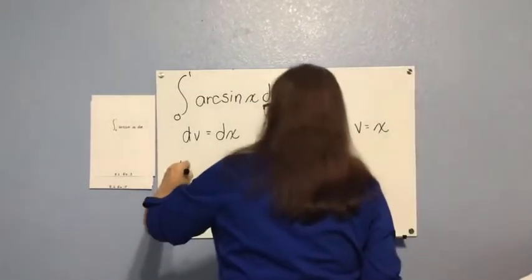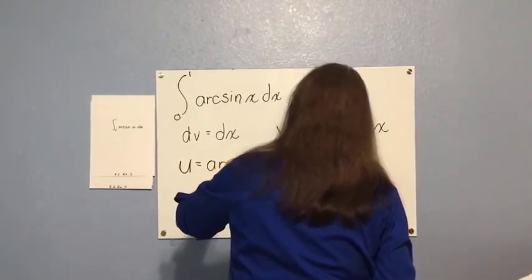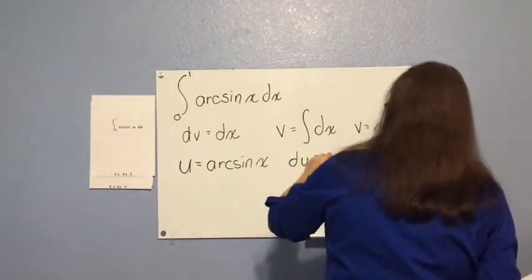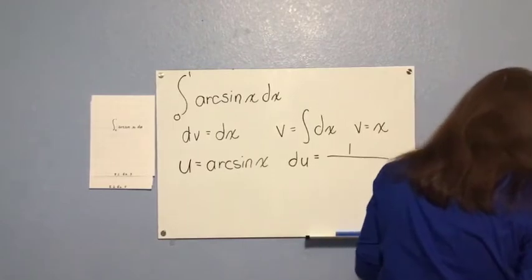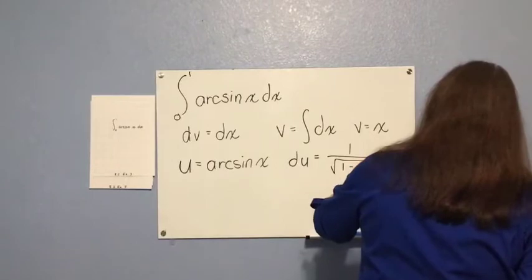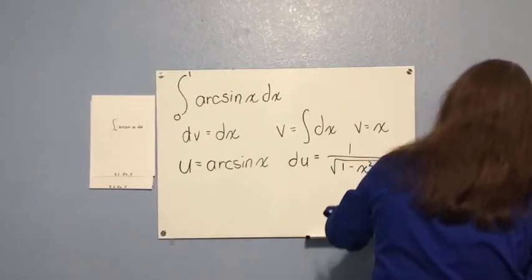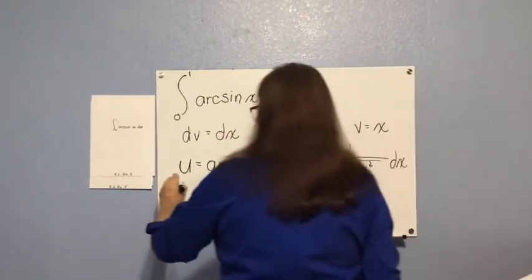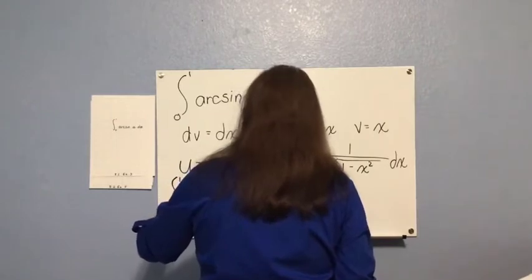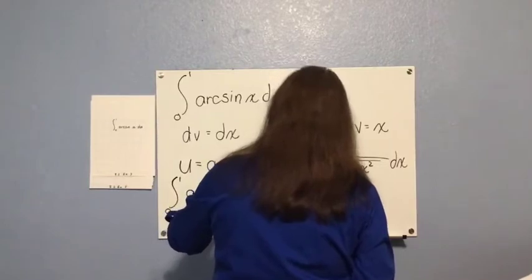And we're going to let u equal arc sine x, which means that du will equal 1 over the square root of 1 minus x squared dx. So now I've got the integral of arc sine x dx.